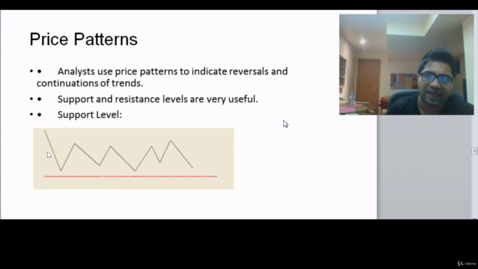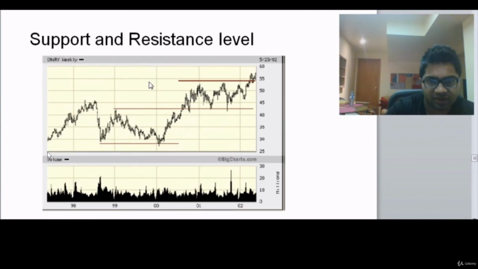In technicals, we look at the past to find support. We generally look for previous lows to find support. For example, in this chart, this previous low is acting as a support in future. In the same way, this previous low and this previous low of the stock are acting like a support.